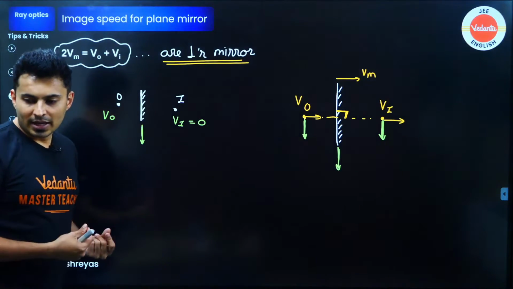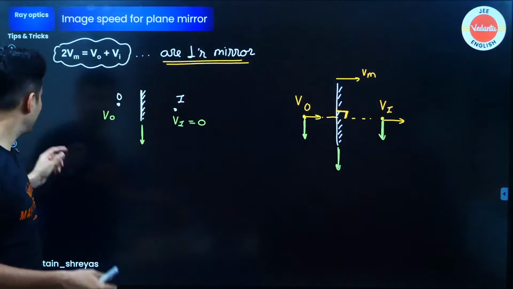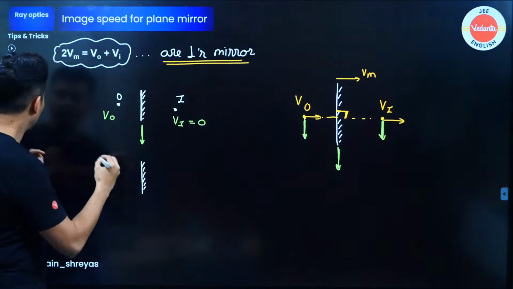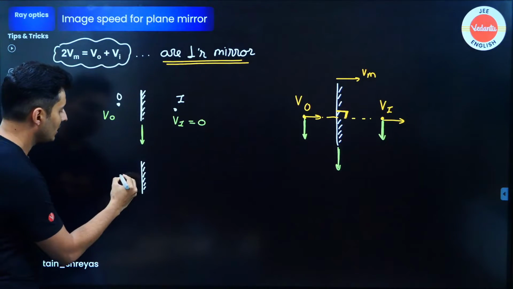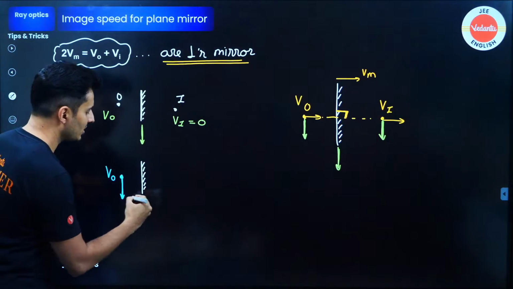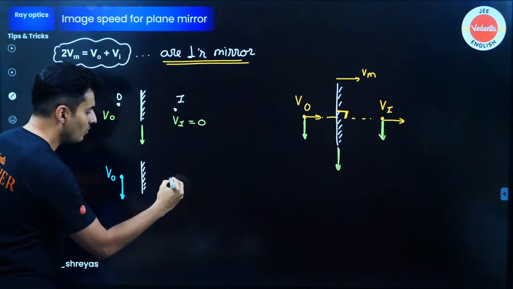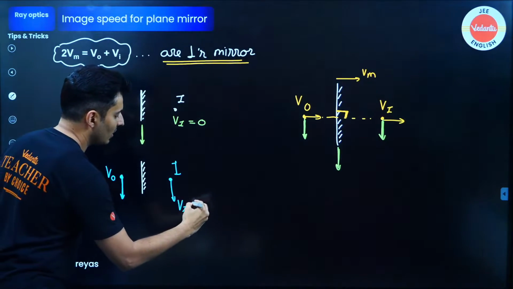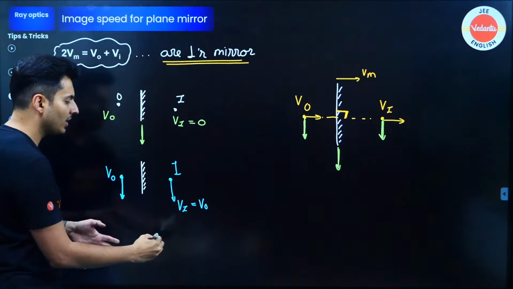All right. Now, what happens if for example, my dear students, the object itself moves. The mirror is not moving. Then what happens? The image will also move. And this image velocity will be exactly equal to the object velocity.